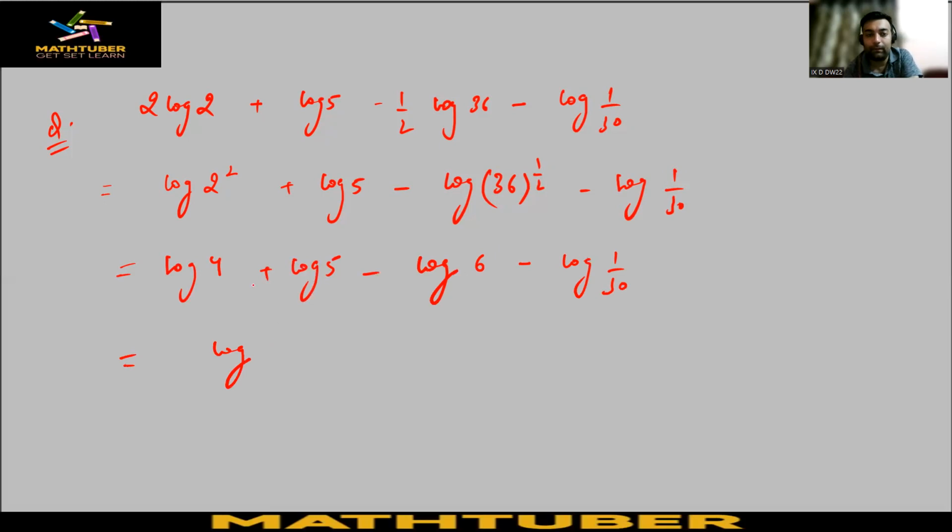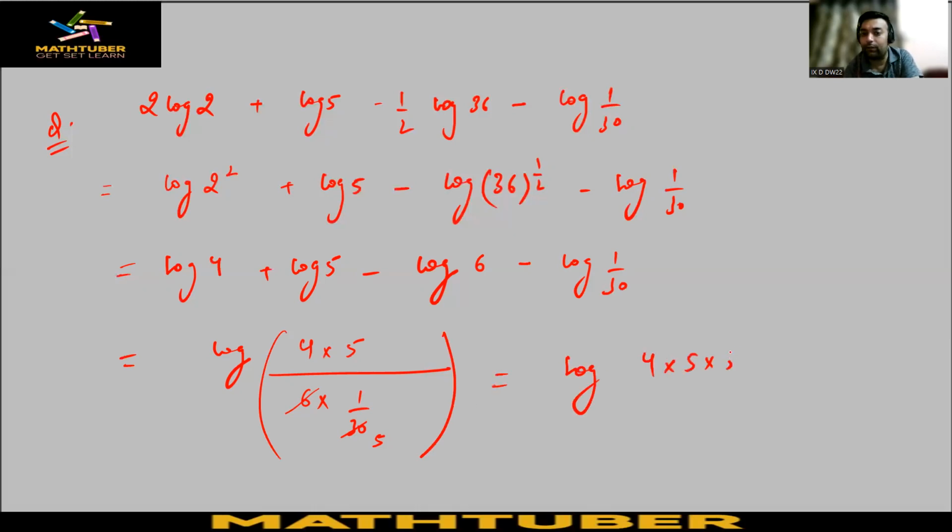And now applying the property, those which are in addition will go to the multiplication part, and those which are in subtraction will go in the denominator. So this will be 6 into 1 by 30. So 6 5s are 30, and this 5 will come to the numerator again. So it will be log of 4 into 5 into 5, and that will be equal to how much?